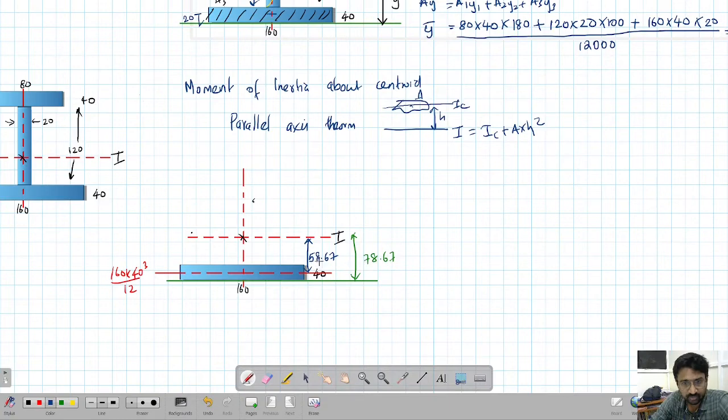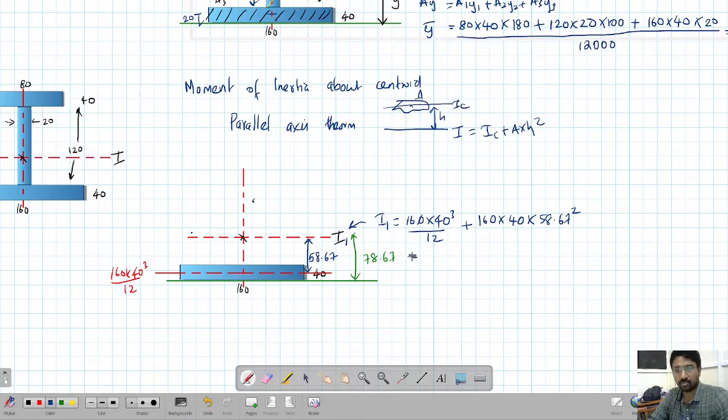So the moment of inertia about this point, which we will call I1, is nothing but 160 times 40 cube by 12, that is the value of I, plus AH square. Area is nothing but 160 times 40. H square is nothing but 58.67 square.